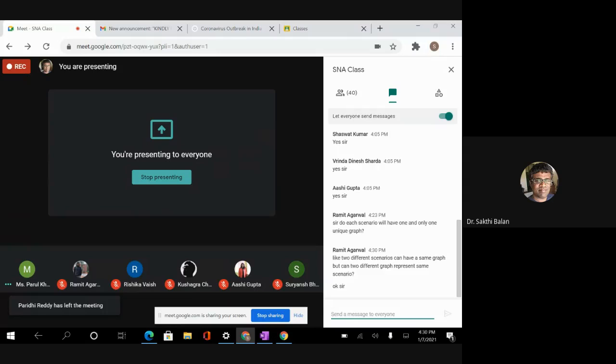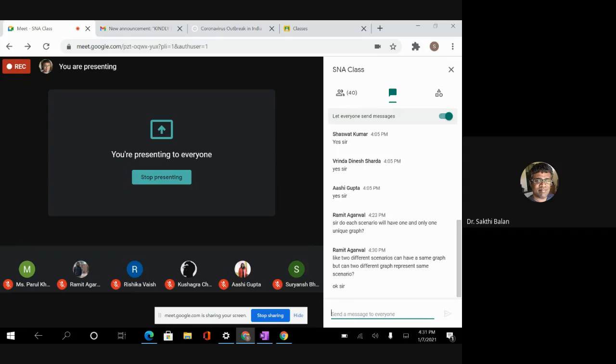See, the scenario means what I'm talking about is, suppose I'm talking about the node as a Facebook user, and the node as maybe another, maybe a YouTube user. So it can be different, but there might be the same graph which is representing both the things.